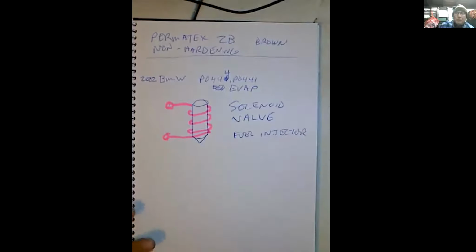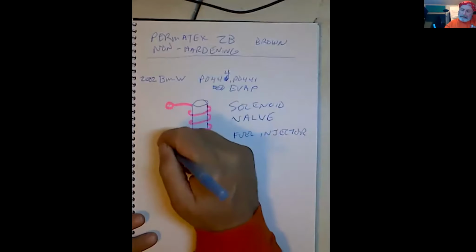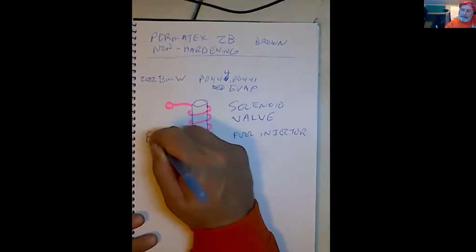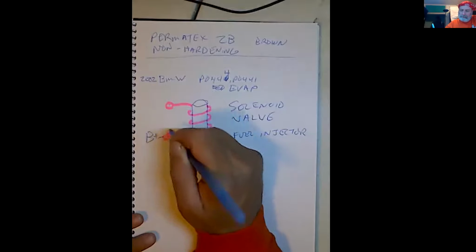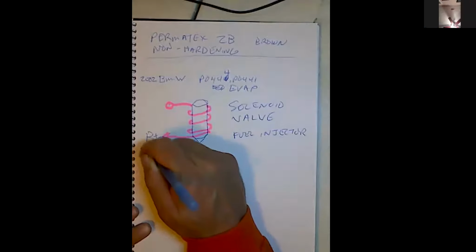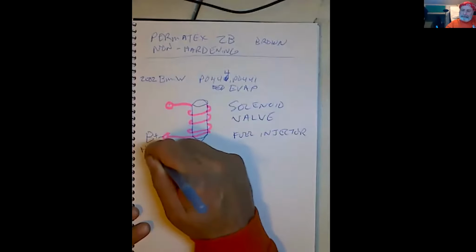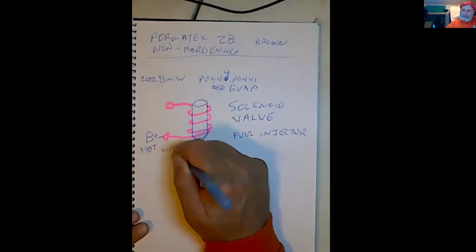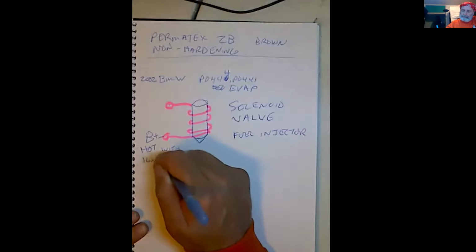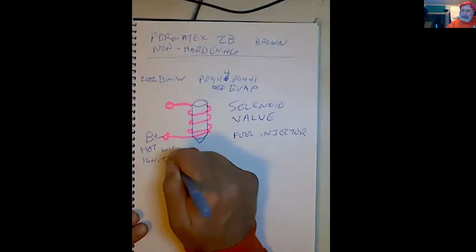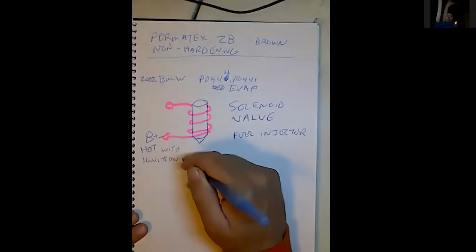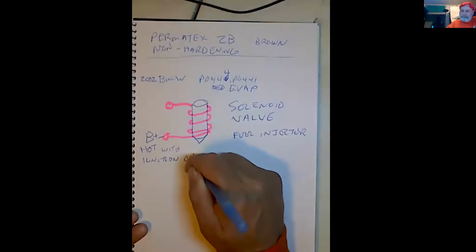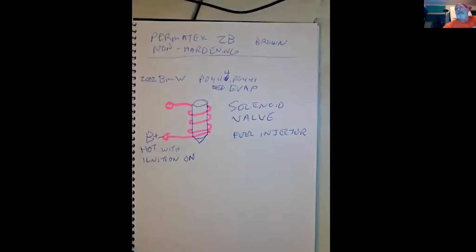Now, we're going to have B plus come into this, and that's going to be hot with ignition on. It's only going to get 12 volts when we've got the ignition on.